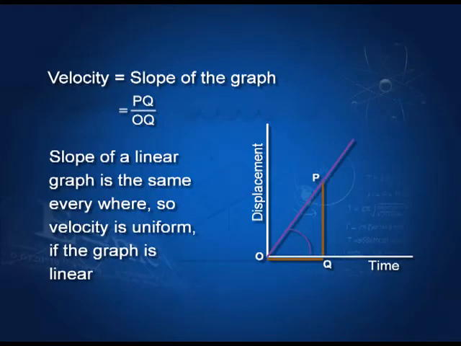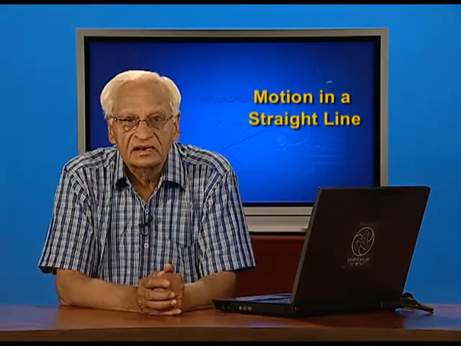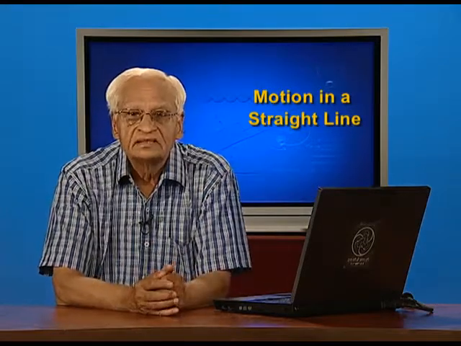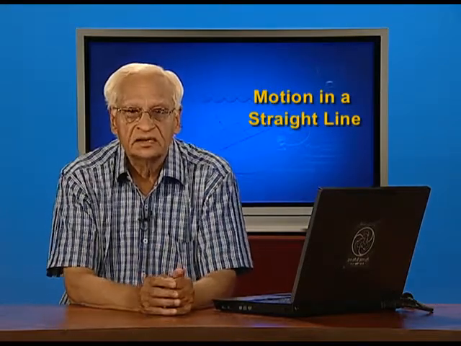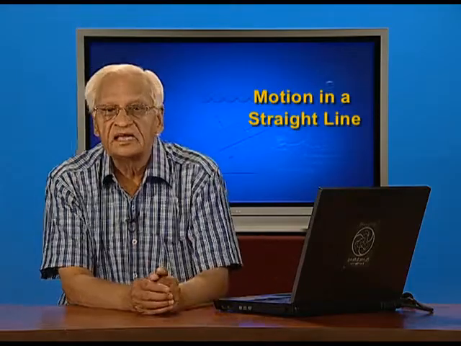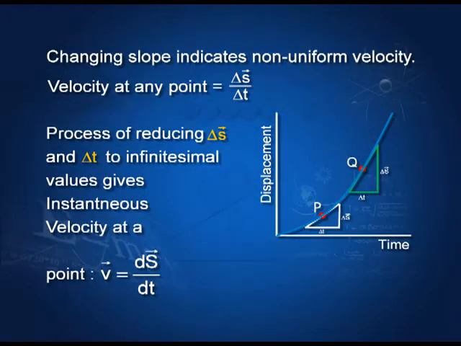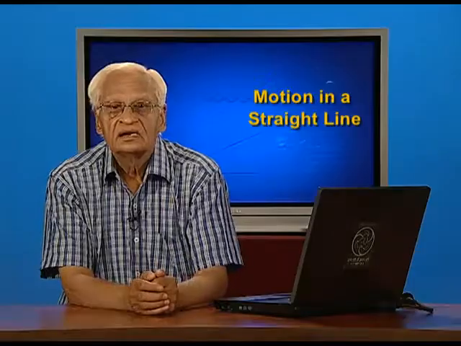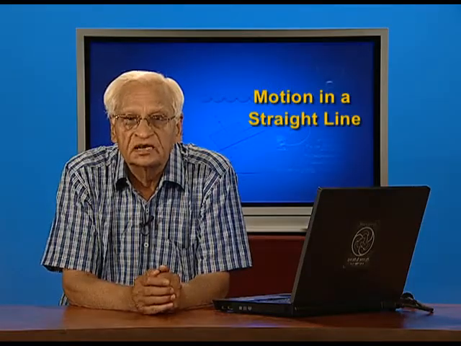velocity is uniform. However, if the graph is not linear as shown here, then the velocity at a point like P, for example, is found by the slope at P, that is delta S by delta t. At the point Q, the slope is found again by delta S by delta t, and you can see that the slopes at these 2 points are different.